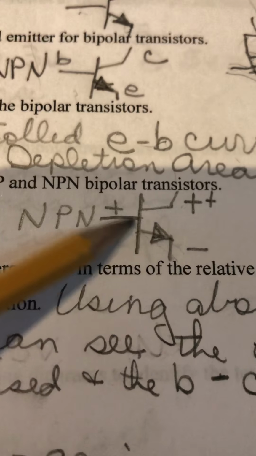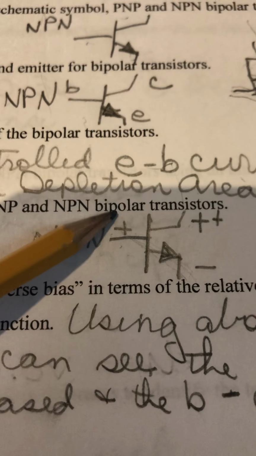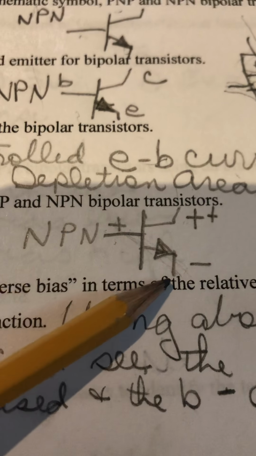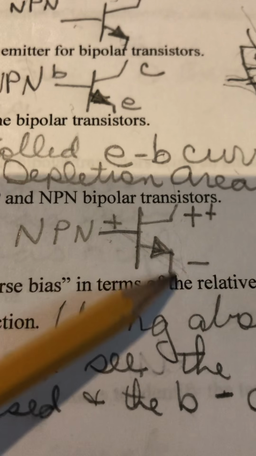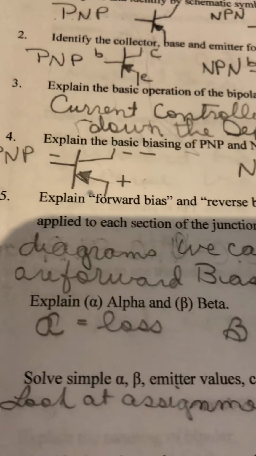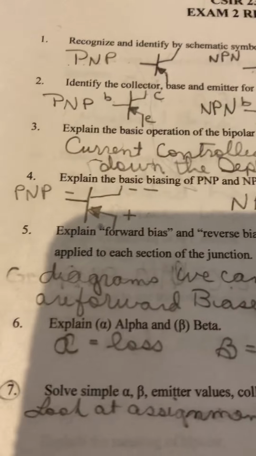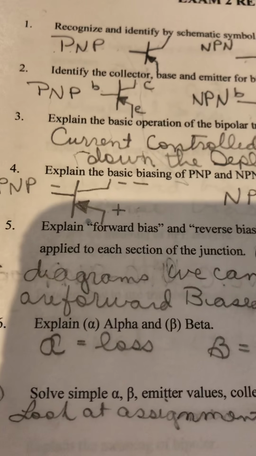So this junction is forward biased between the emitter and the base. However, the base and the collector are reverse biased. This is also forward biased, but more so than this one. It is this current flow that causes this current flow. So the emitter base junction is forward biased, and the base collector is reverse biased.